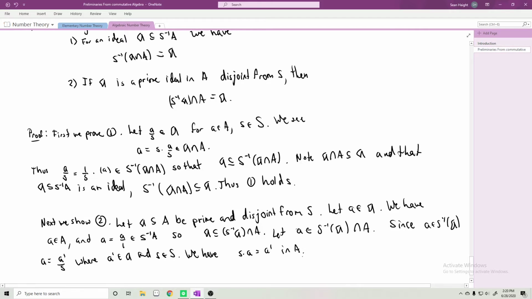This is an equality taking place in my original ring A. This is essentially what fractional equality means in the field of fractions of an integral domain.